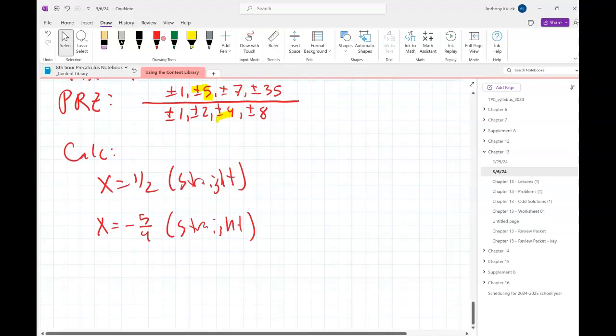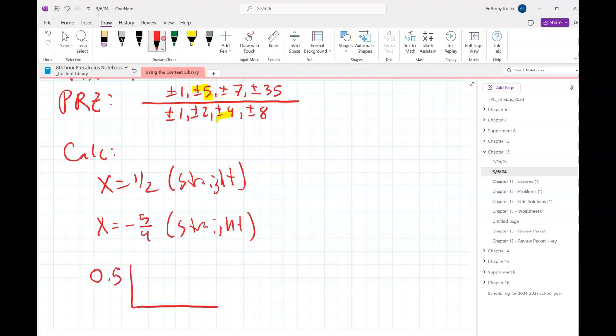All right, what do you want to start your synthetic division with? 1/2 or -5 over 4? I'm going to write it as a decimal though.